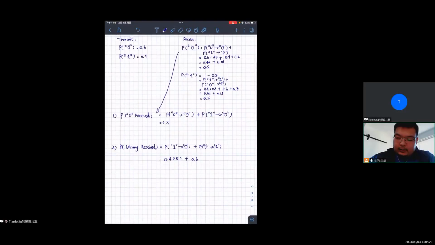So it multiplies by 0.3. And we can do the calculation. It's 0.08 and 0.18. Adding them, the answer is 0.26.